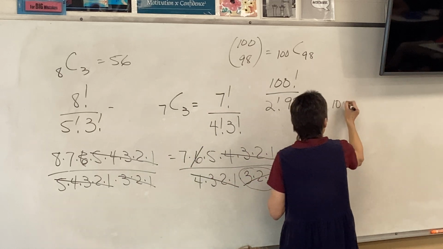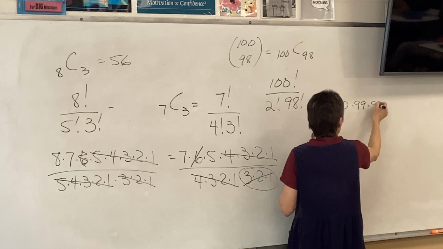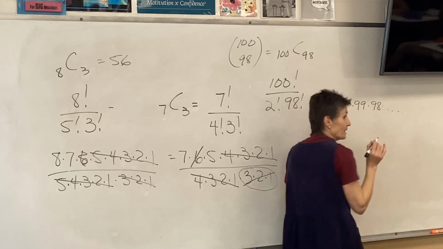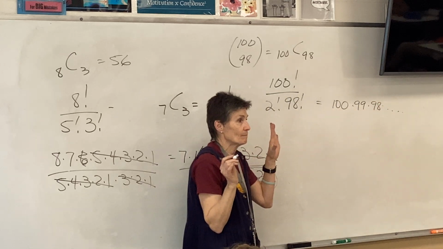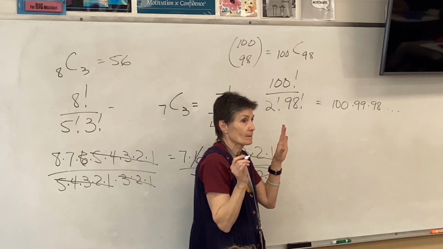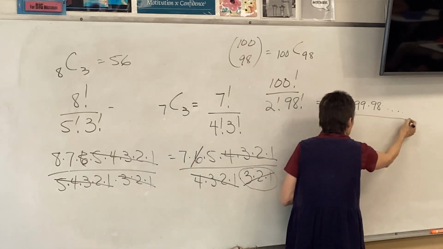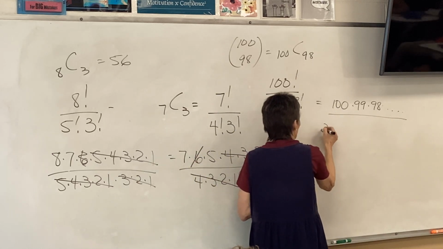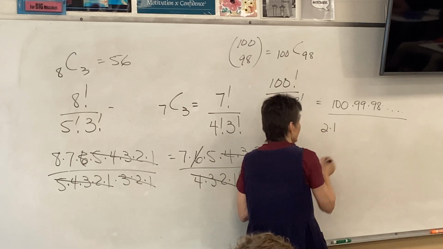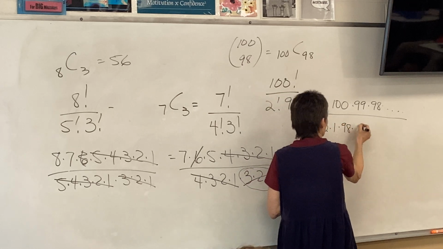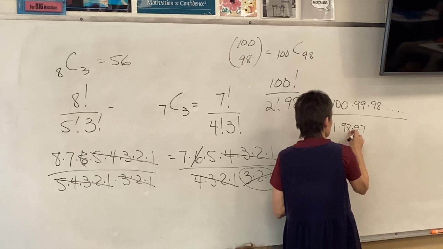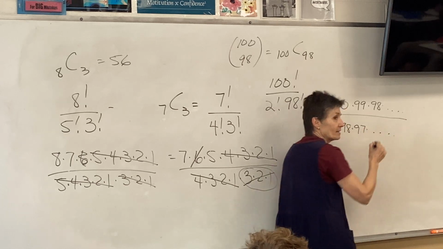But we know that 100 factorial, I'm just going to put that, is that, right? But we are dividing that by a 2 factorial and a 98 factorial, which would be 98, 97, and so on.